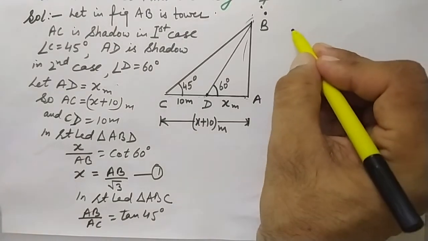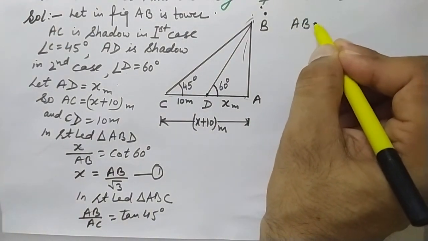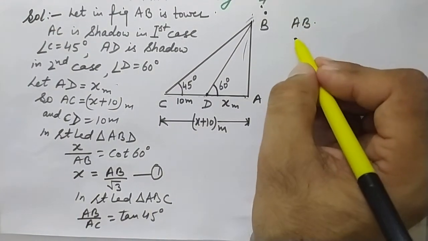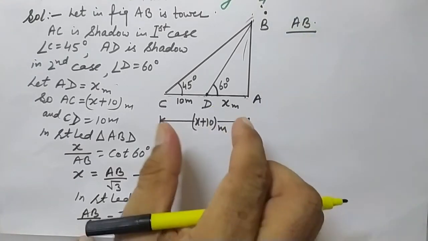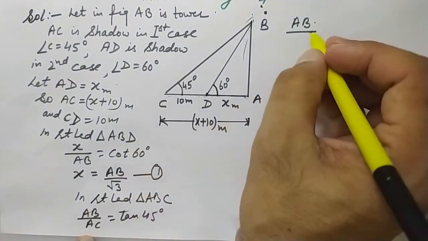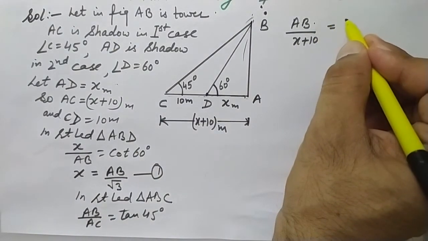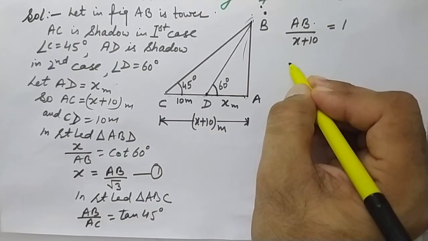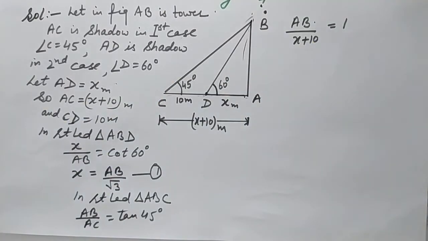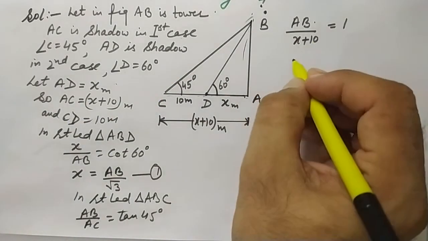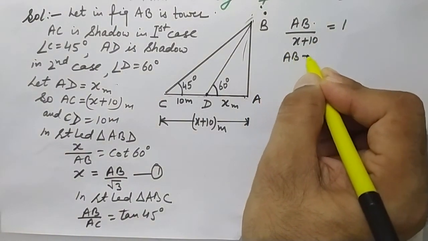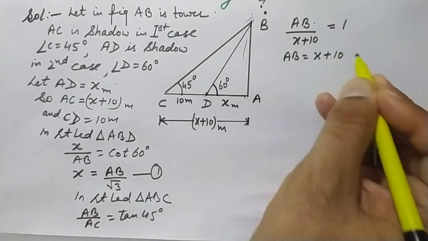For AC you can write x plus 10. So AB over x plus 10 is equal to tan 45, which is 1. Cross multiply, so AB is equal to x plus 10.